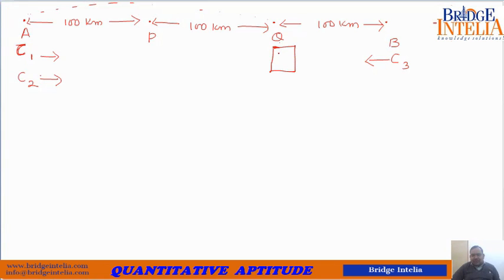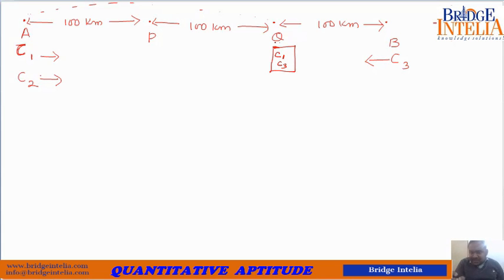This is the meeting point of car 1 and car 3. Let's understand what has just happened. All the three cars have started together. So what does this statement mean when it is said that car 1 and car 3 met at Q?